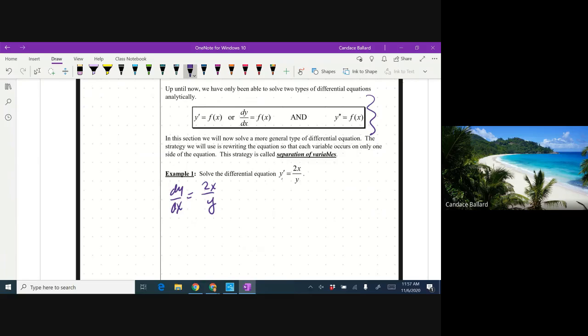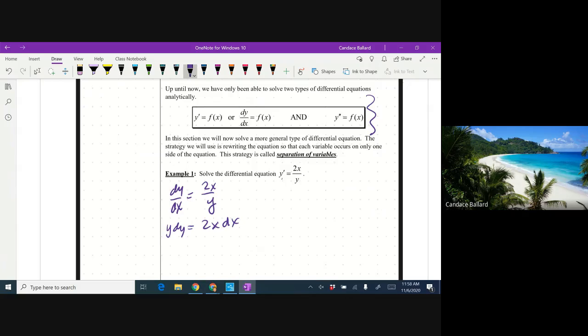I have to make sure I have my cheat sheet out so I do this right. I know how to do it, but, oh, that's not the right one. Did I do it here? There it is. Okay, got it. All right, so we're going to multiply by y and we're going to multiply by dx.